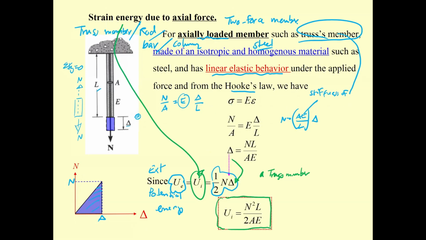And then the truss usually has many members. The members of the truss can be classified as member one, two, three, four, six, seven, eight, nine.